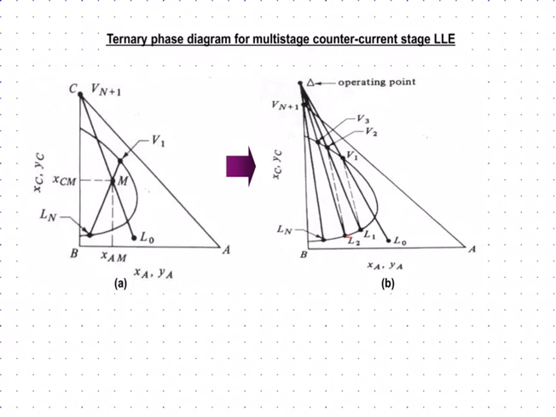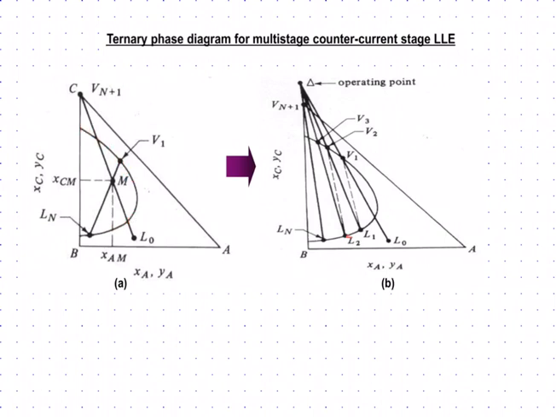I have explained to you that we assume that our raffinate and our extract, okay, always at equilibrium, and the composition are equilibrium composition, okay. So therefore, they must be labeled on the curve, okay, on the equilibrium curve, okay.